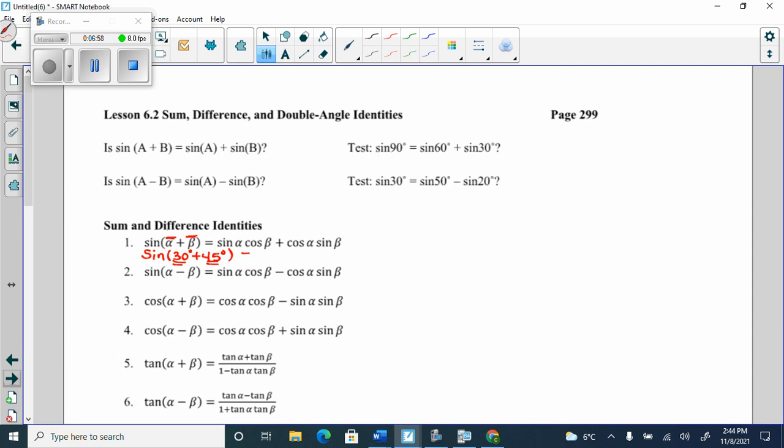So ultimately, I would get sine 30, in brackets, cos 45, plus cos of A, in this case 30, and then sine 45. So I literally just do sine A, 30, cos B, 45, cos A, 30, sine B, 45. And I can pull those values directly off my unit circle, every single one of them.